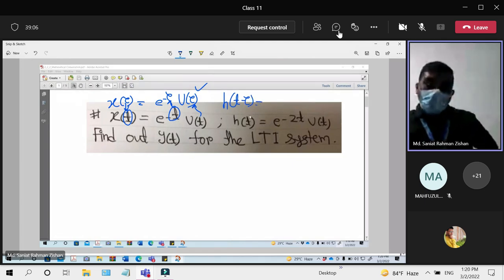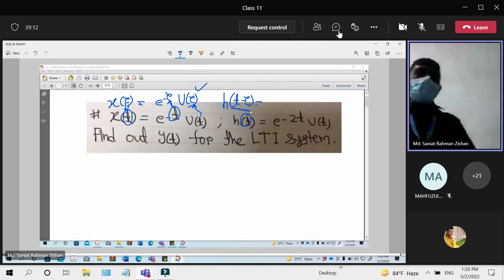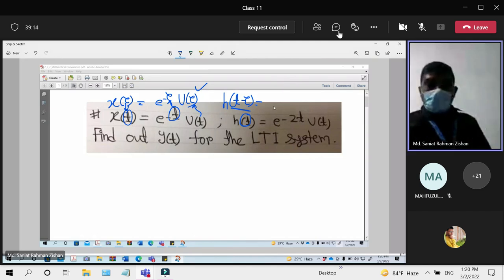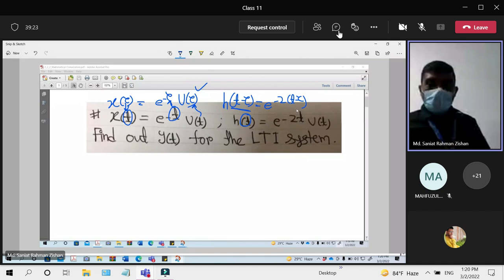Again, ht is already given. Find ht minus tau. What will be the answer? e to the minus 2t minus tau, ut minus tau. You don't need to memorize anything. Just simply t will be replaced by t minus tau.